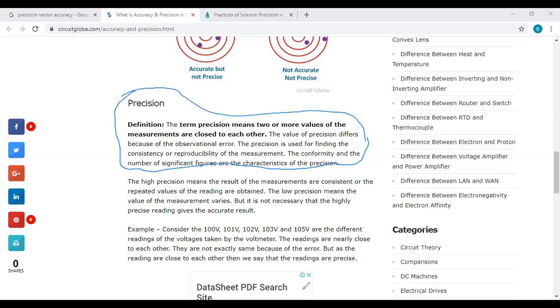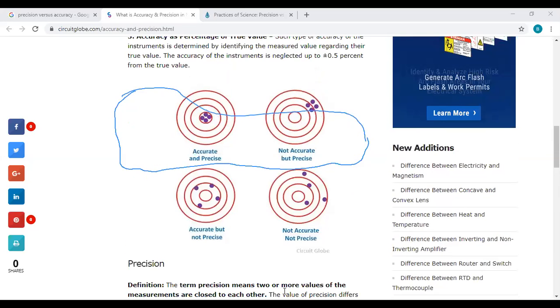Now let's try to understand the concept of precision and accuracy with the help of a diagram. Everybody can see this figure, right?